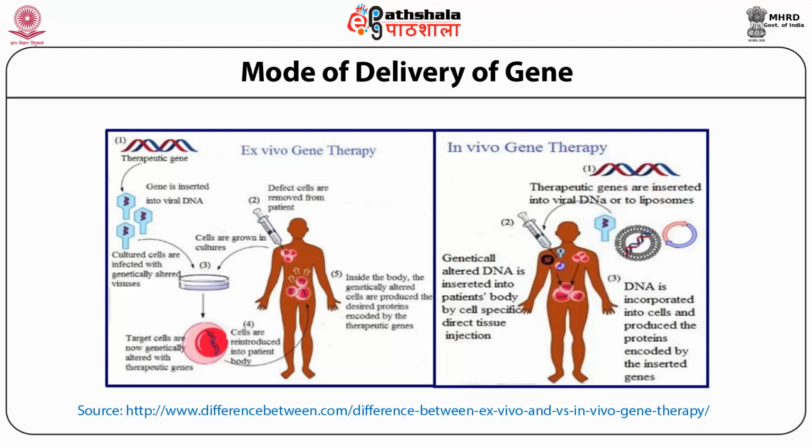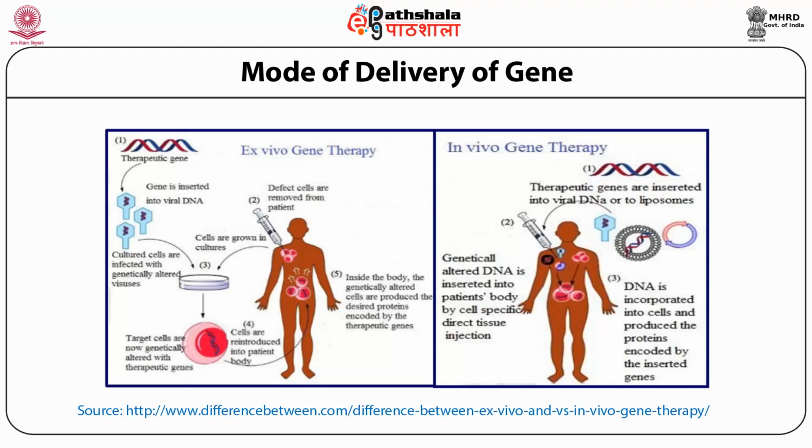Transformed cells are selected, regrown in the cell culture and reintroduced into the patient. Since this technique involves the patient's own cells, the risk of rejection or other adverse immunological reactions to the transplanted cells is minimized. This is the more common method of gene delivery.